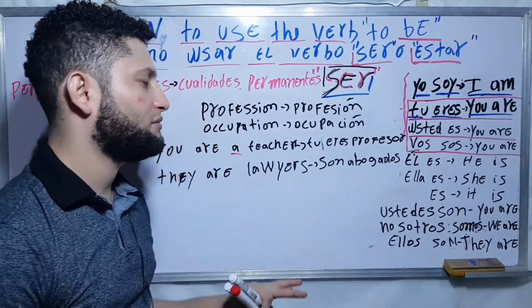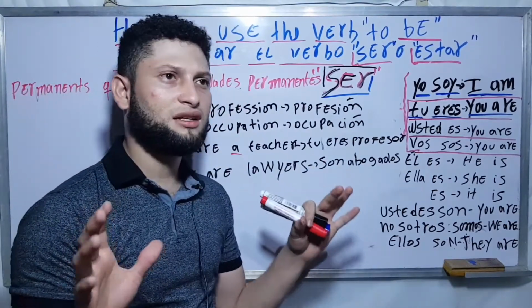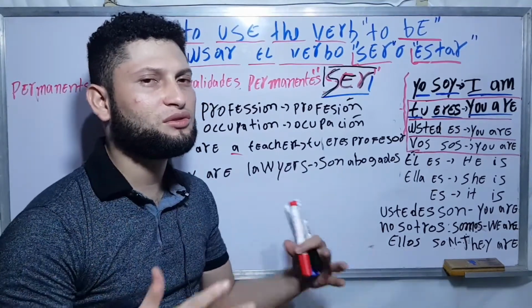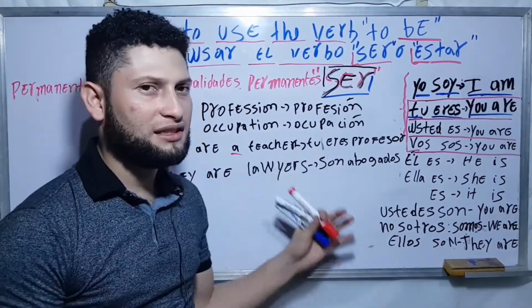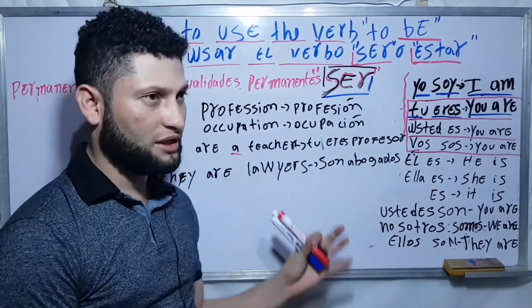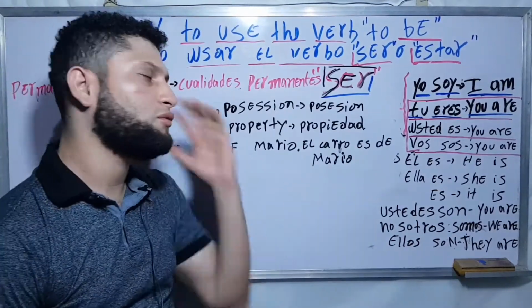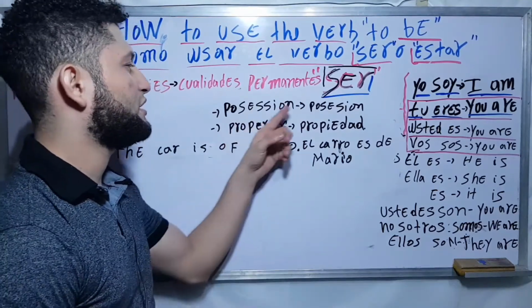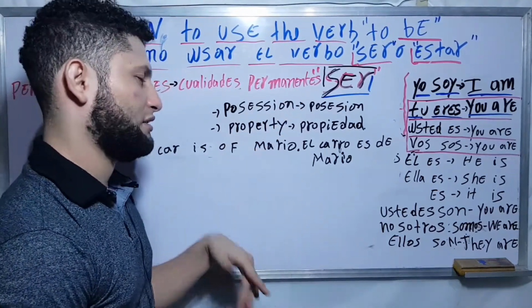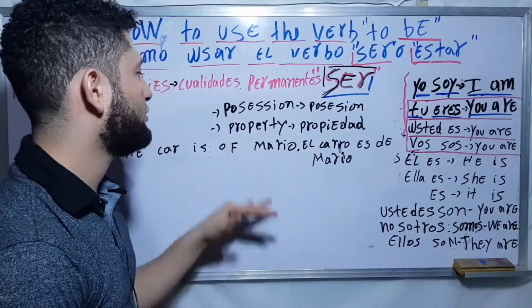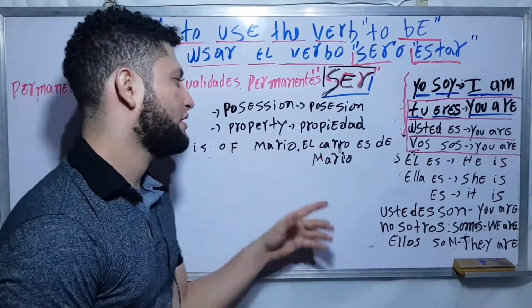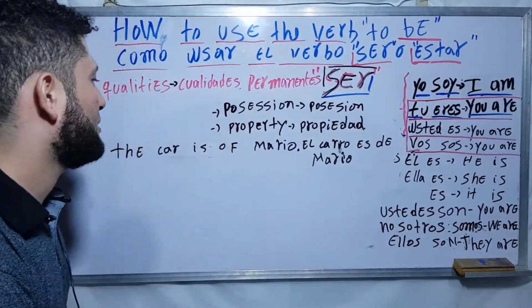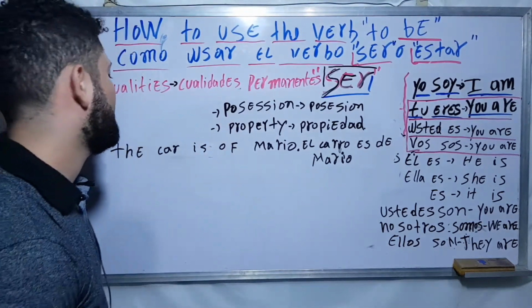Now I know it's really long guys, but it's necessary. Then you need to learn some phrases, and you will be able to handle all these ones. Now we use this one for possession in a broad way, possessions and property. Property in this case is just one example, really easy I would say.